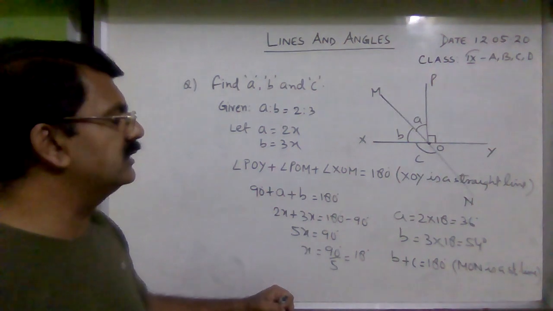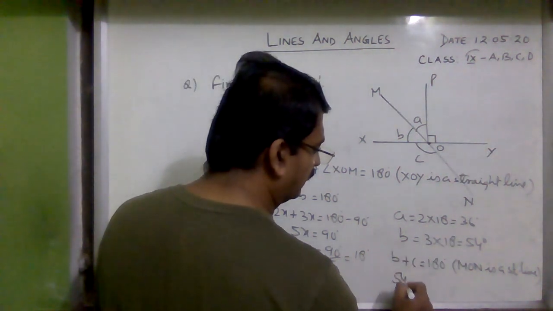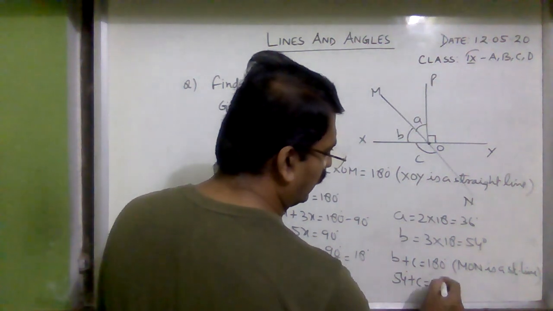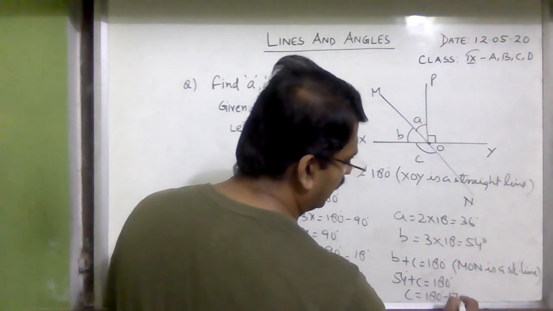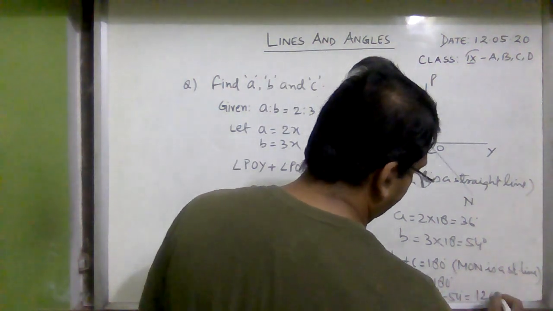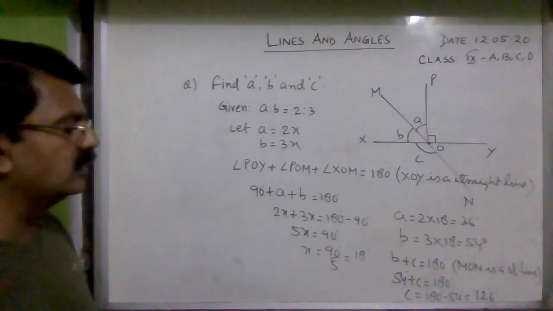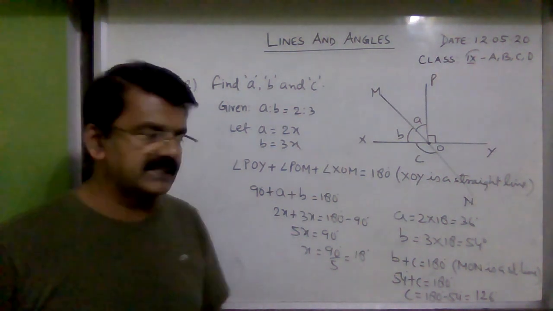Now B you have already calculated as 54, plus C is equal to 180. So C will be equal to 180 minus 54, that is 126 degrees. So we have found that the value of C is 126 degrees.